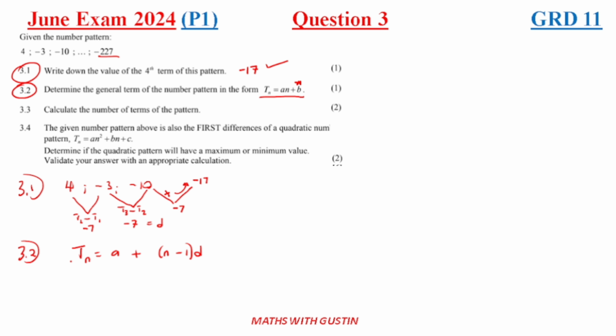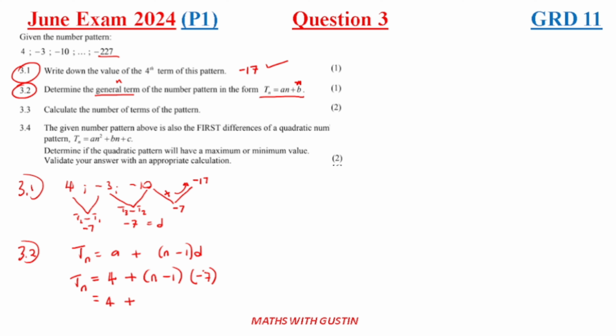Right, so let's see what we have here. We're going to have Tn, because now we're looking for the general formula, so n will stay as n. So our first term in this case is equal to 4 plus n minus 1 in brackets. Common difference is -7, close bracket. Therefore we're going to have 4 here.